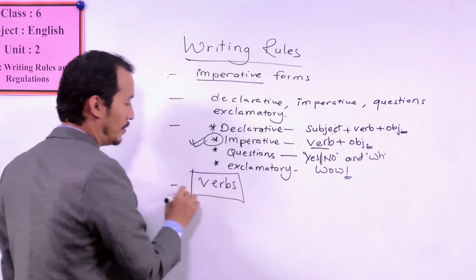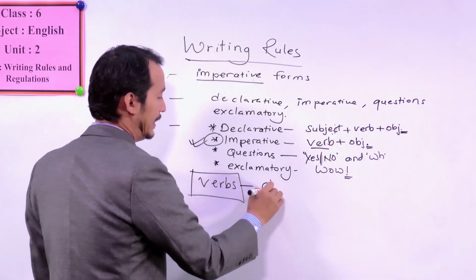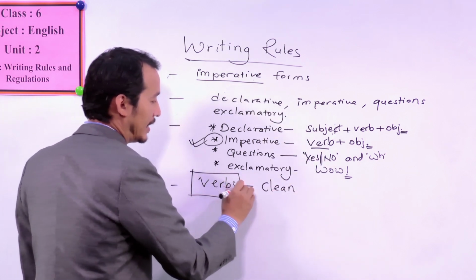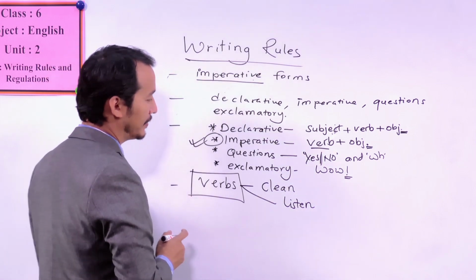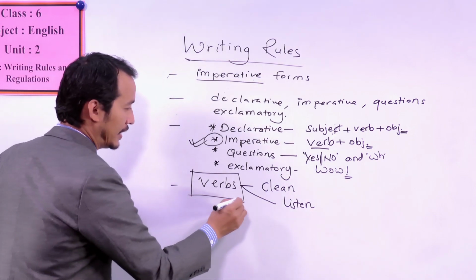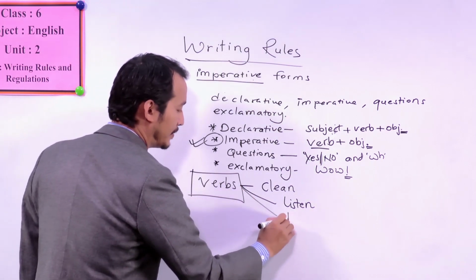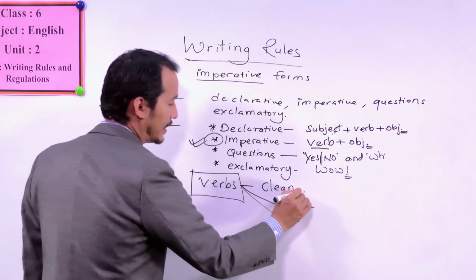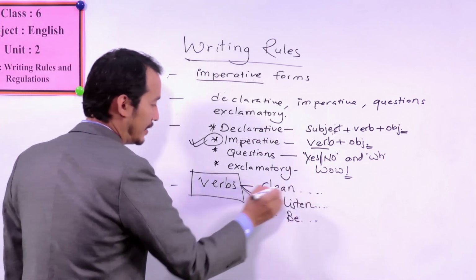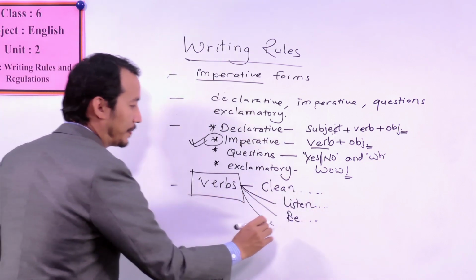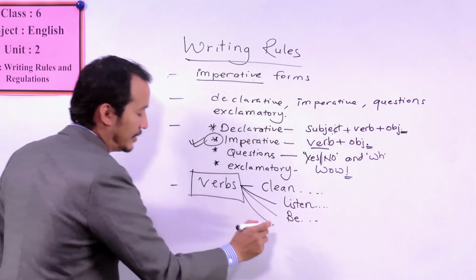Now let's see what kind of verbs we are going to use. Okay, you may use clean, listen. These verbs are useful for you to make your rules. So we use mostly clean, listen, sometimes be responsible or be quiet, and we have to fill in the complements here. Listen, clean, be, and you can say take.